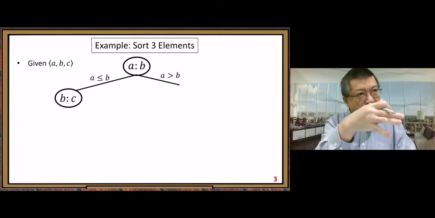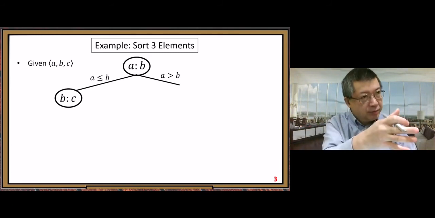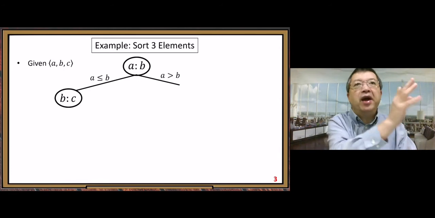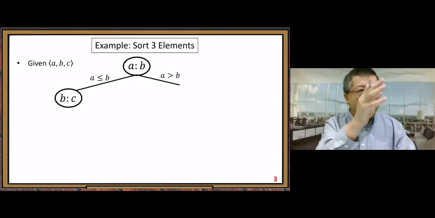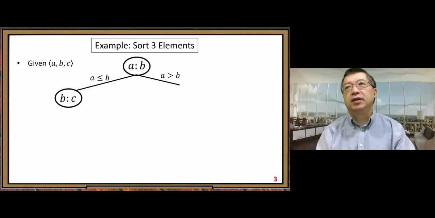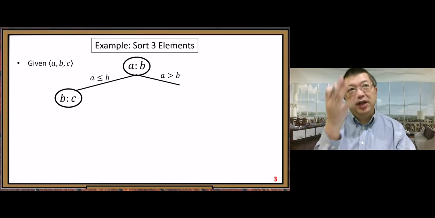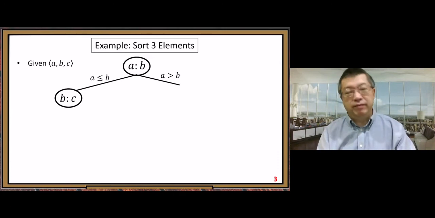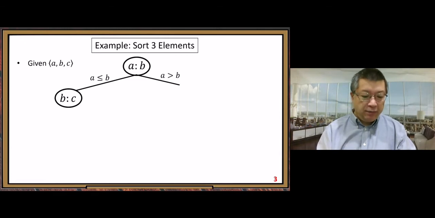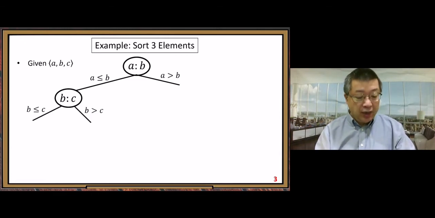For the first branch, next decision, compare B and C. If you want to use A and C, it's okay too. But here we just make one special choice. B colon C, 2 possibilities.